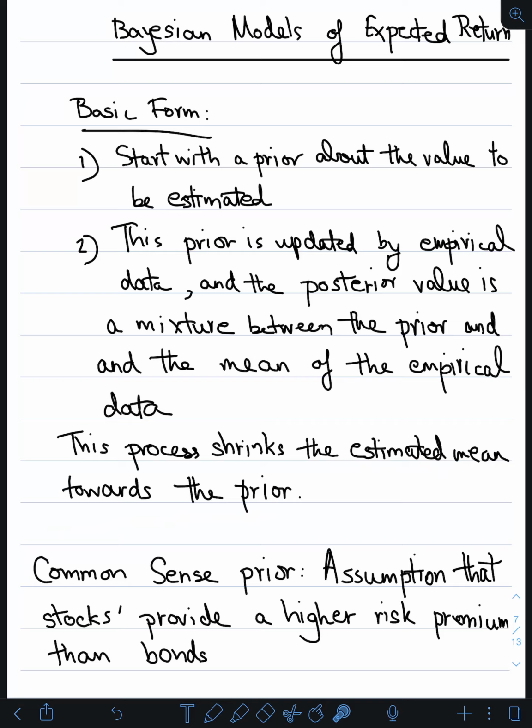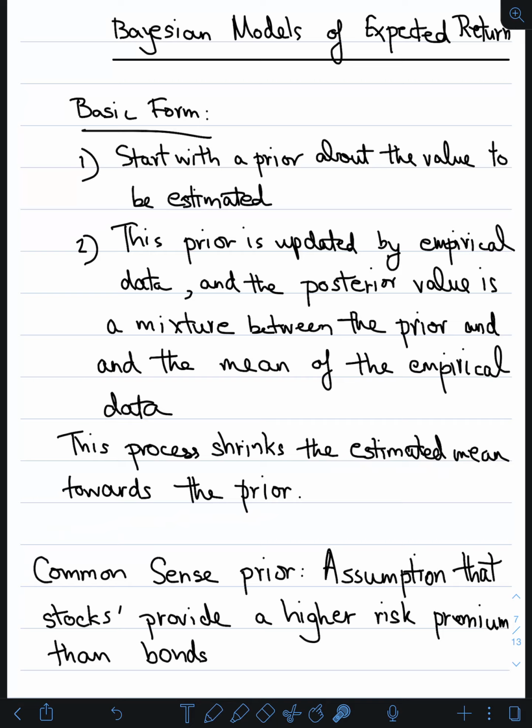Okay, what could we use as a common sense prior when we're trying to estimate future expected returns? We could assume, as we already just talked about, that stocks have a higher risk premium than bonds. Okay, we have this information.